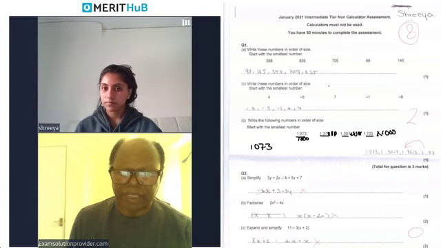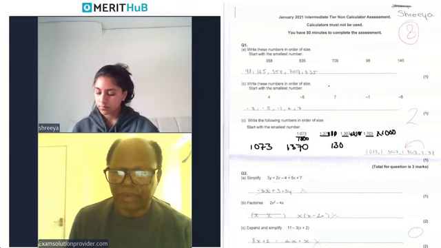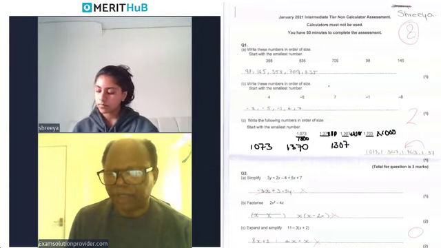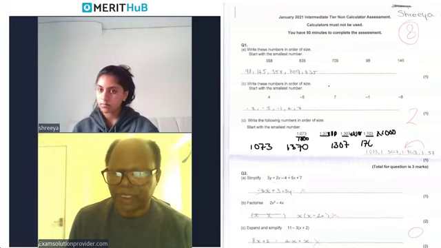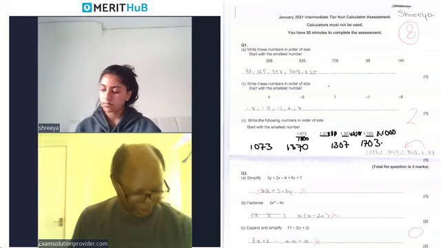This one becomes 1370. This one becomes 1307. This one becomes 1703. So then it's easier.